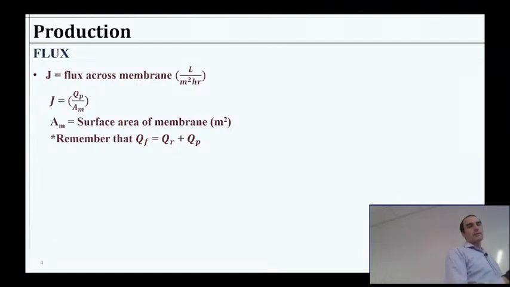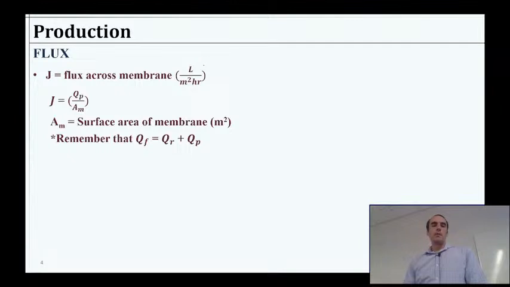So J is what we'll use to describe flux, and we'll call that a flux across the membrane. Just like our granular filters, this is a volume of water crossing some surface area. And so it can look like a velocity term through that area, but it's better known as a flow rate per area, right? Q over A.